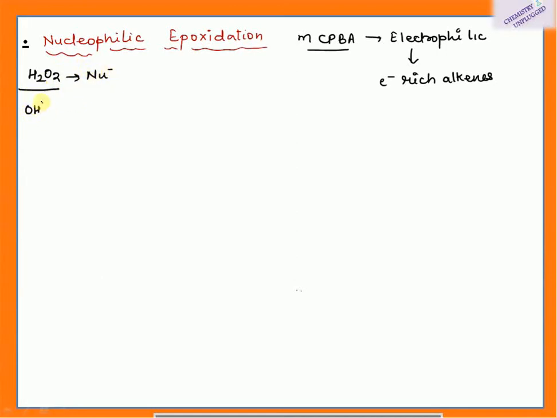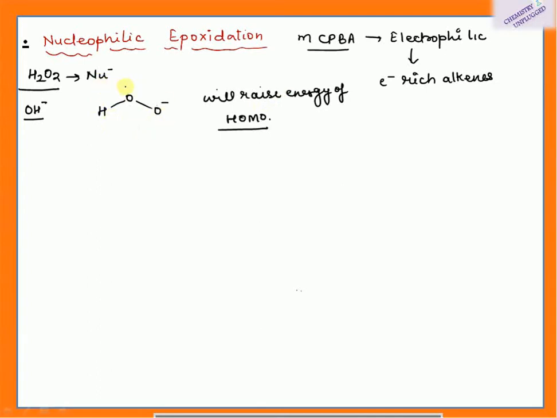It is better because we have two oxygen atoms and the lone pairs of electrons present on these two oxygen atoms will raise the energy of the HOMO. Okay, and we know that if a nucleophile has a higher energy HOMO, it will act as a better nucleophile. It can show good HOMO LUMO interaction, so that is why it is a better nucleophile.